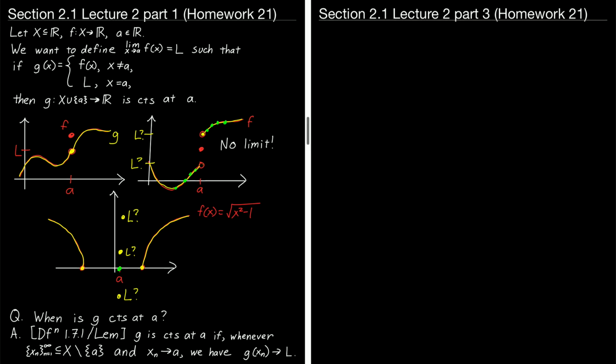So what we've seen here essentially is that the limit as x goes to A of f of x makes sense if there is such a sequence.